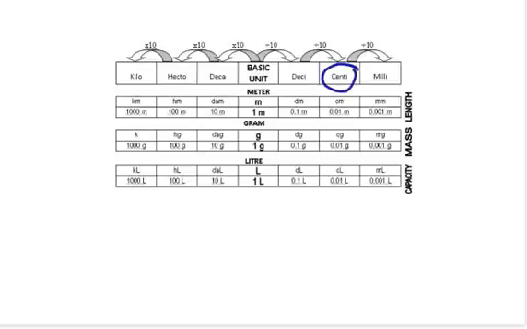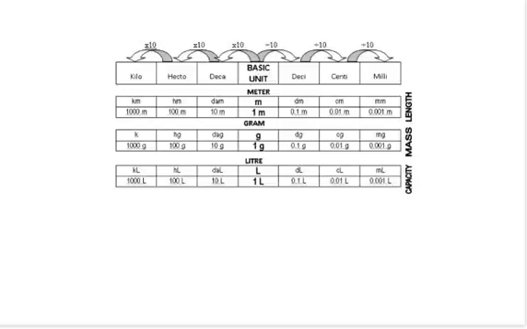Centi, you can refer to the French word cent for 100. So centi is 100 times less than the basic unit. And milli is like the French word mille, if you want. So 1,000 times less. So you would divide by 1,000 from the basic unit.